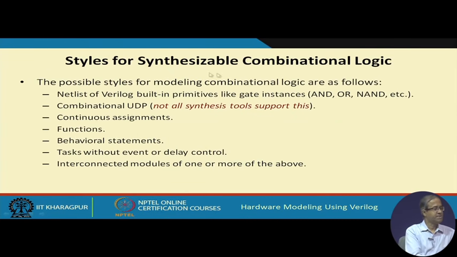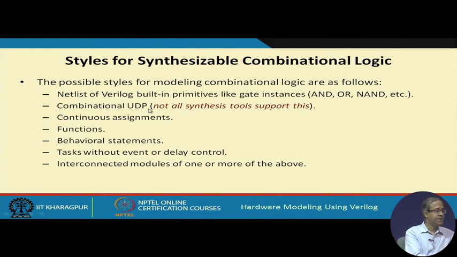Here are some styles that you need to follow for the synthesis of combinational logic. Some of this we have already seen, some of this we have not talked about earlier. We shall look at them through some examples. Firstly, we have seen several examples: you can instantiate the basic gate primitives AND, OR, NAND, XOR and so on, and create a netlist like that.